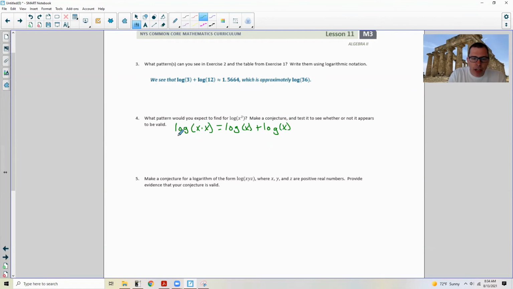So let's test our conjecture. The log of, let me rewrite that, the log of, pick a perfect square, 9, equals the log of 9, or if this is an x squared, this would be 3 times 3, which equals the log of 3 plus the log of 3.